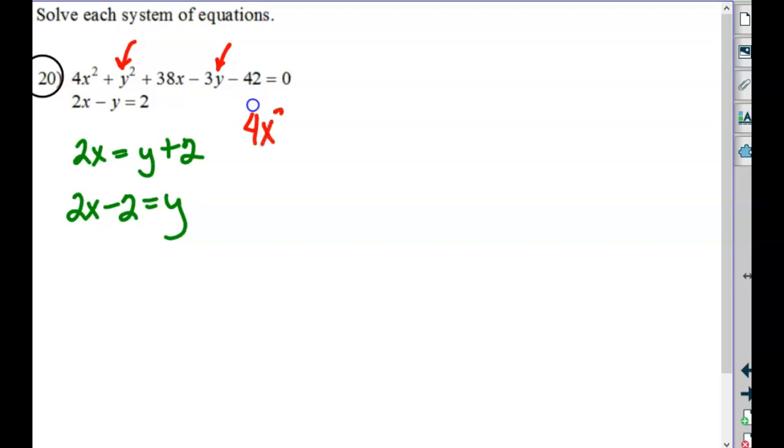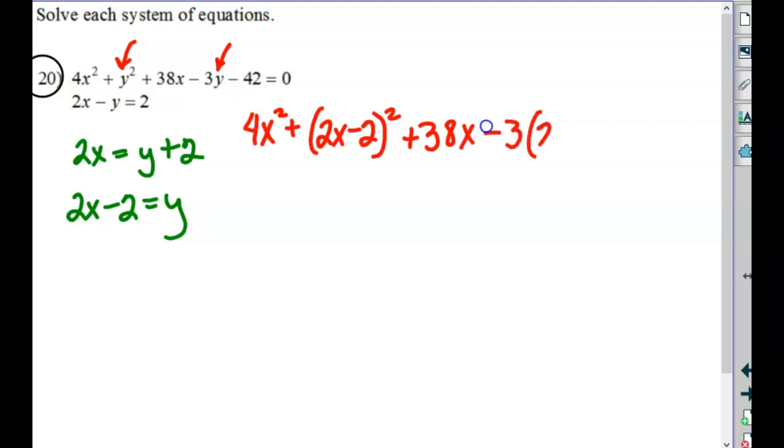So we have 4x squared plus 2x minus 2 quantity squared plus 38x minus 3 times 2x minus 2 minus 42 equals 0.